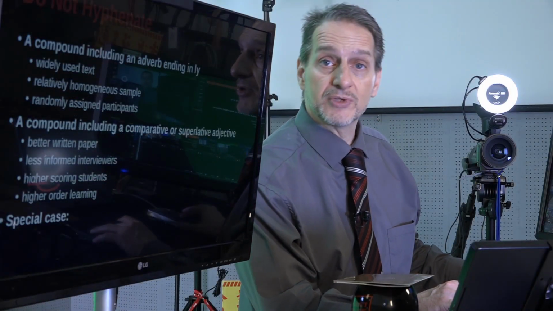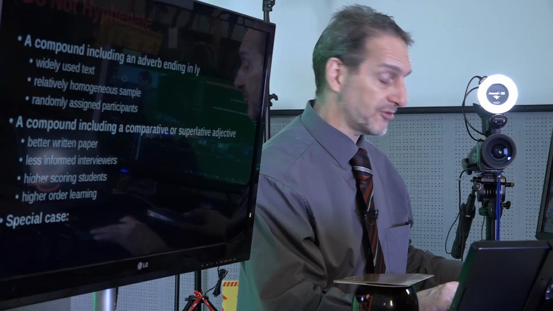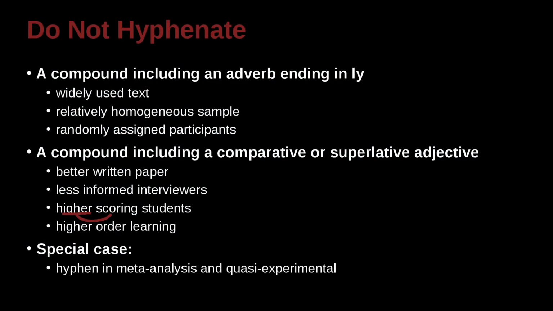Okay, now let's move on to another special case. Too many special cases. I know it really drives me crazy too, but there you are. Hyphen in the word meta-analysis. Now, why do I bring this one up? Because this is a special case that you will often see. So meta-analysis and quasi-experimental. In this case, the meta and the quasi, which means not real. This is like a kind of semi-experiment, not a true experiment with control groups, etc. And meta-analysis, meaning we have many analyses together, and we're analyzing them as a group, collecting their data.